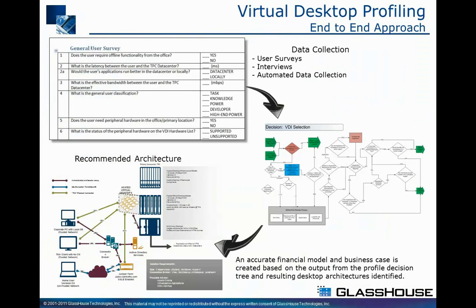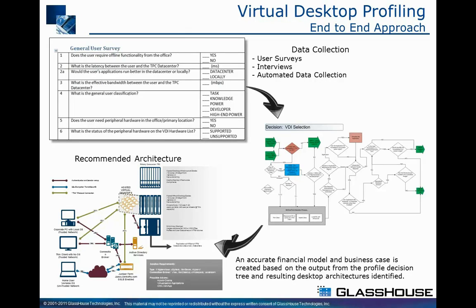So the way we work is we have a specific piece of IP that we use, which is a large questionnaire that will ask you questions about where are those users, what kind of latency do those users have, what's their classification, would they need roaming profiles, or do they have user data, or is it more of a kiosk mode operation, or is there a reason why they need a persistent desktop or not, or certain types of compute power?